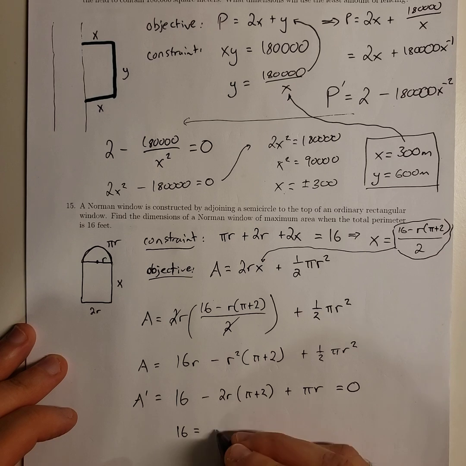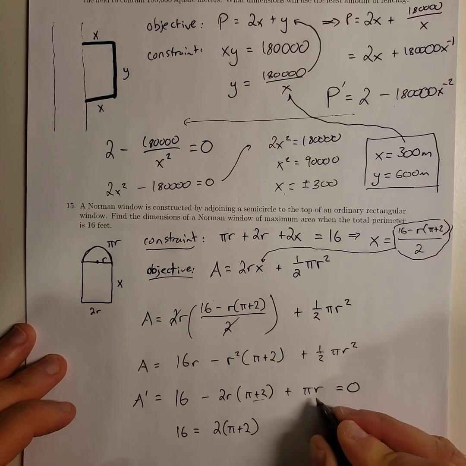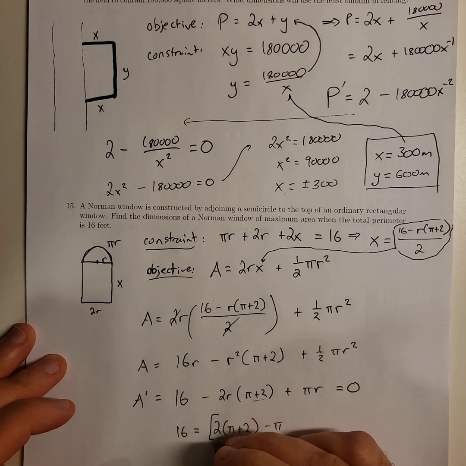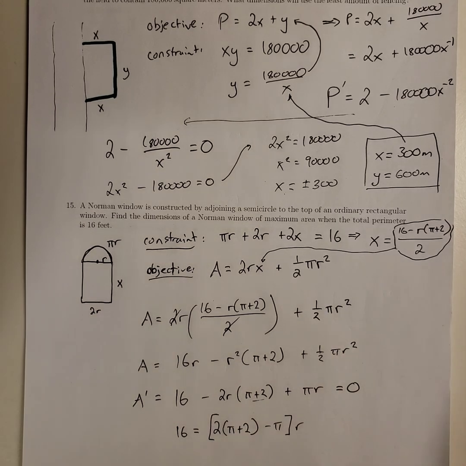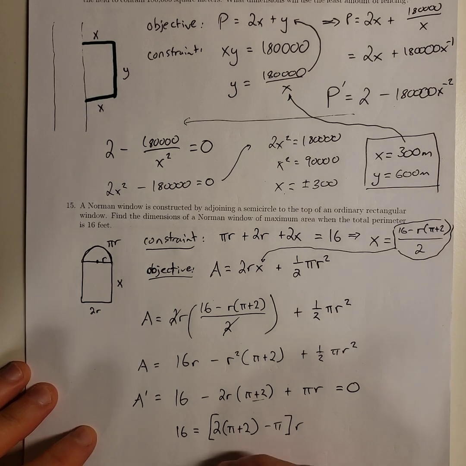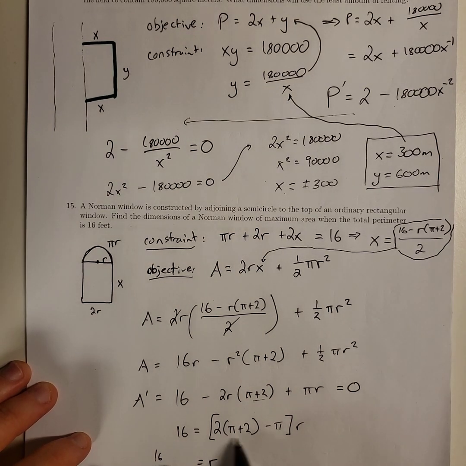So you'd have a positive 2 and then the pi plus 2. And then a minus pi from this. All of this times r, because we're factoring it out. So it looks like we need to divide by whatever this comes out to be. So 16 divided by, I guess we can simplify, that's 2 pi plus 4 minus pi, so that's going to be pi plus 4.